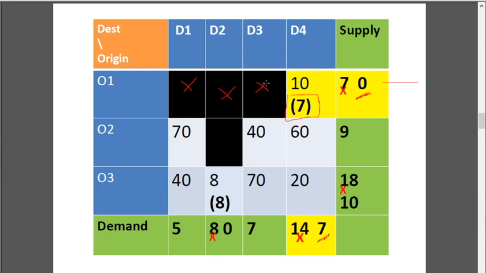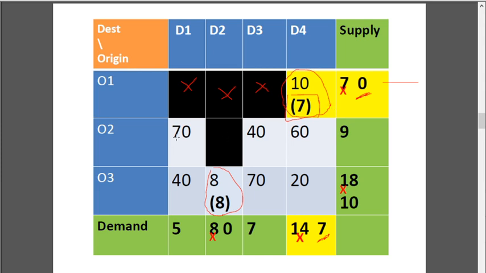Now again, continue this further. From the remaining unprocessed cells, this cell has already been processed, don't consider this. And also this cell has been processed. You can consider a cell only where the entire demand has not been allocated.